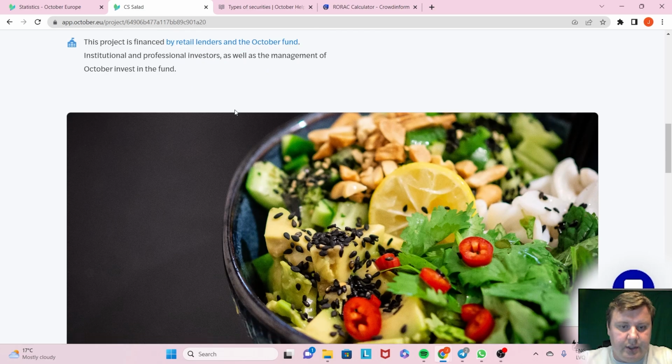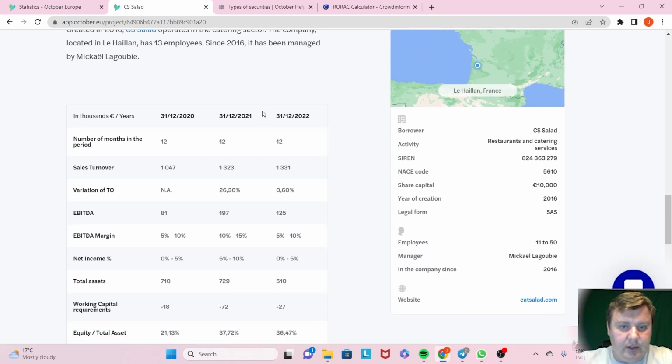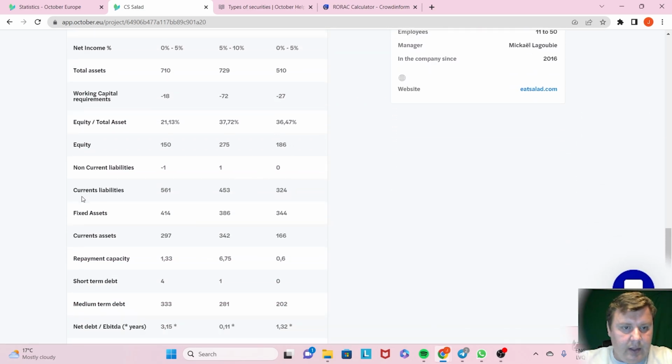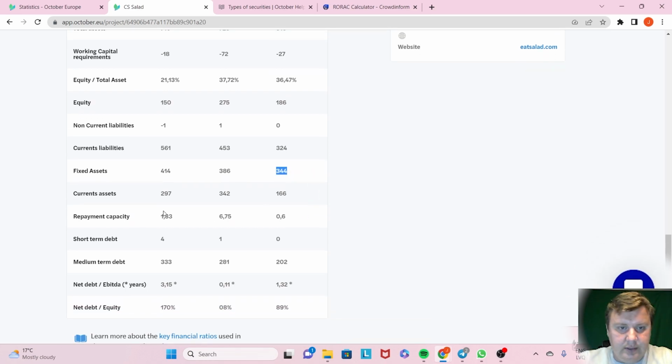So let's check this one, and for this we need to look at the financials. We can see that fixed assets are 344,000 and current assets are 166,000. So basically we're getting around 500,000. But of course, if you try to sell those assets, you will not get 100% of the book value.